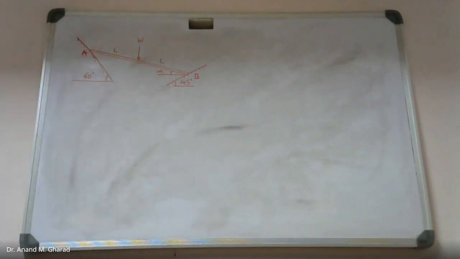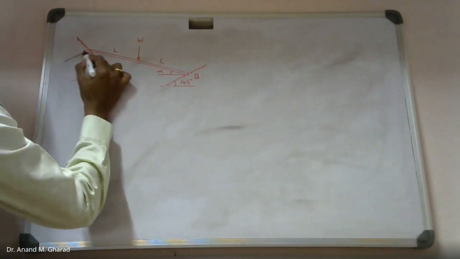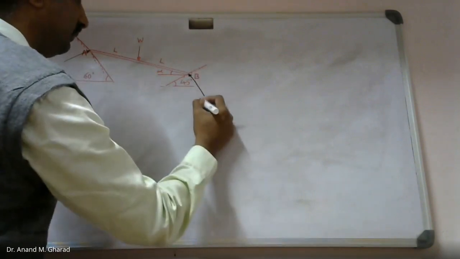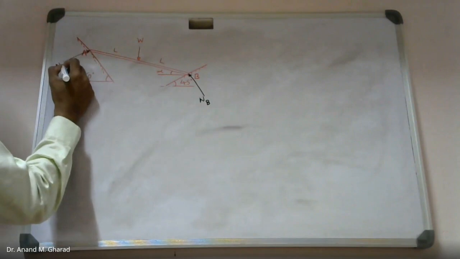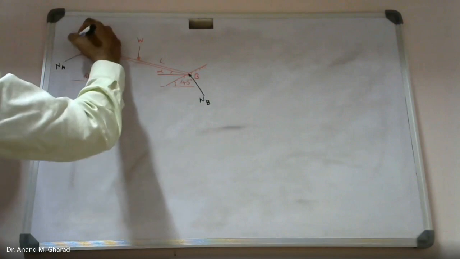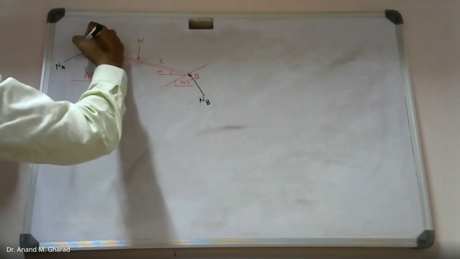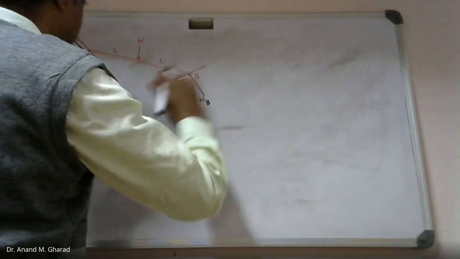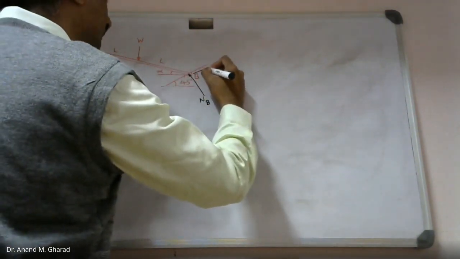So with the help of that, we are now supposed to draw the free body diagram. This is the normal reaction at point A and normal reaction at point B. Since A is going to move in the upward direction, frictional resistance shall be downward, and since B moves in the downward direction, this will be upward.